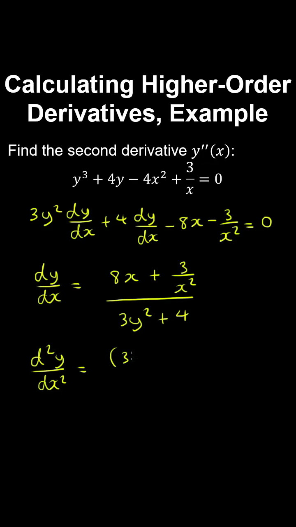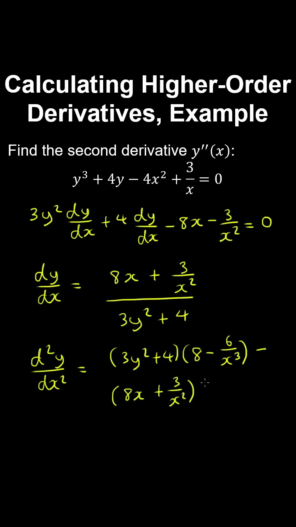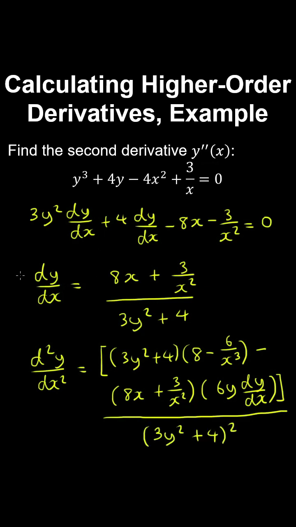So we keep the lower function constant, and differentiate the upper function, and then minus the upper function kept constant, by the derivative of the lower function, which we can obtain using implicit differentiation. And all this is divided by the square of the lower function. And now I'll leave it for you to substitute for the first derivative, and do some algebra to simplify this second derivative.